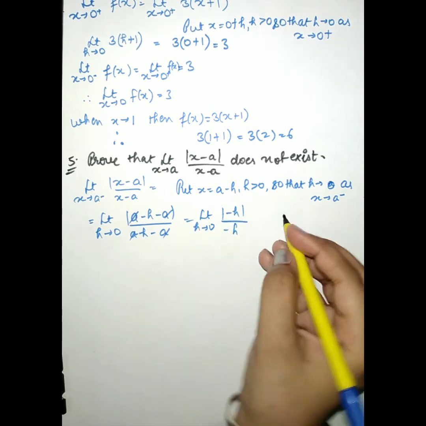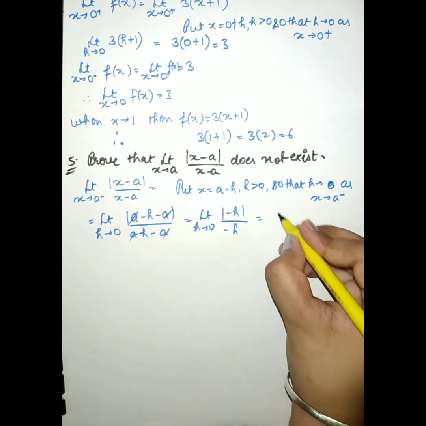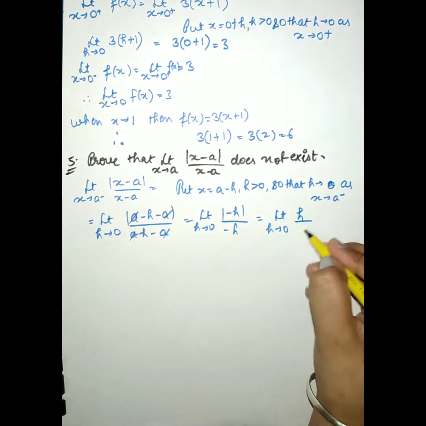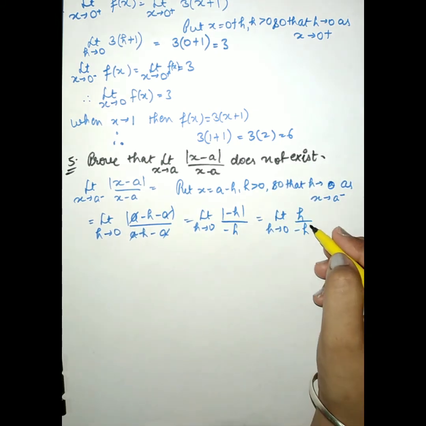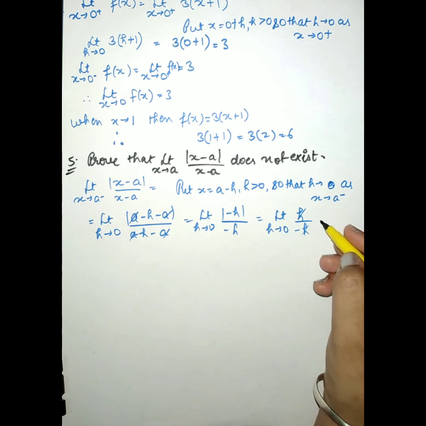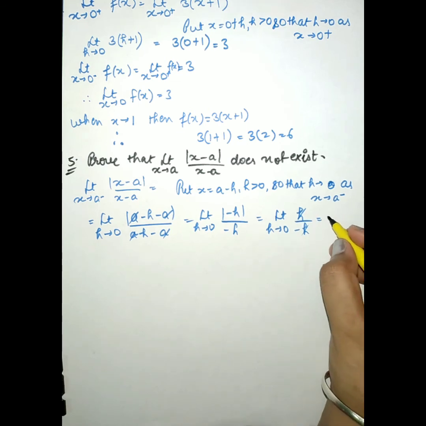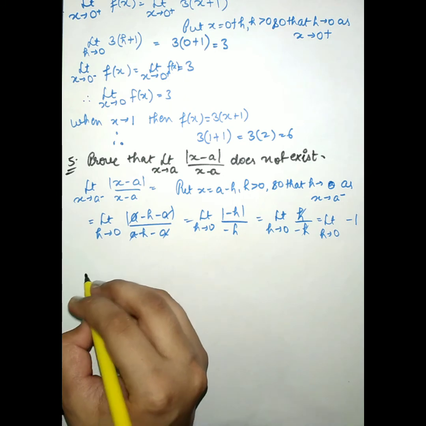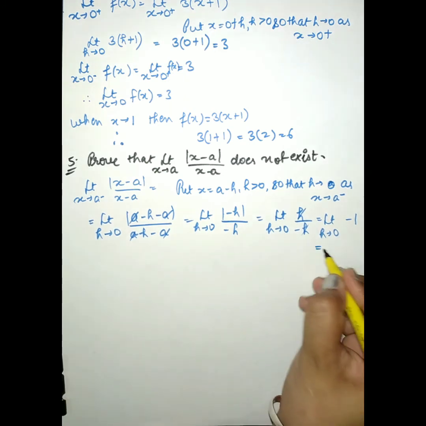Then it will become limit h approaches to 0, |h| is h, upon −h. It will be cancelled out and it will become limit h approaches to 0 of −1. So it will become −1.